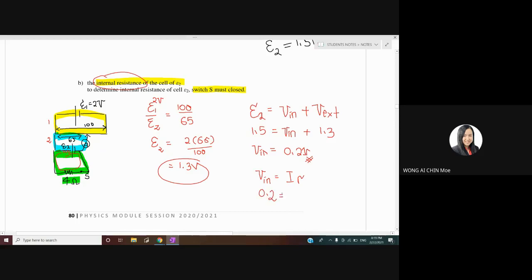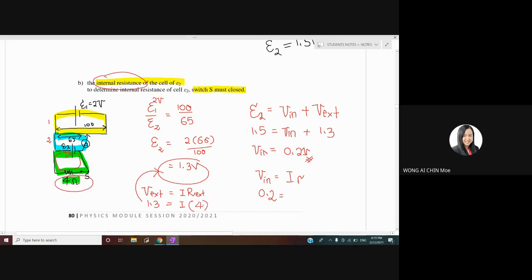I we don't know, but we can find it because V external equals I R external. V external is 1.3, what we measured just now, and R external is equal to 4 ohm.